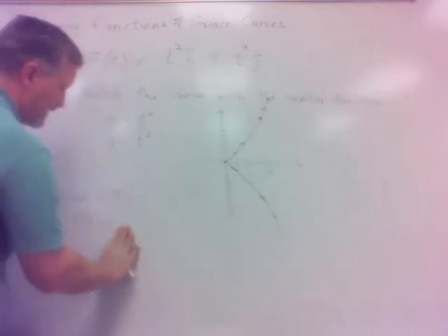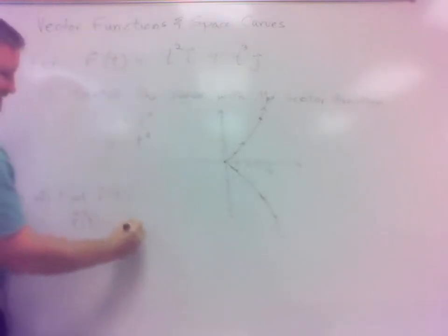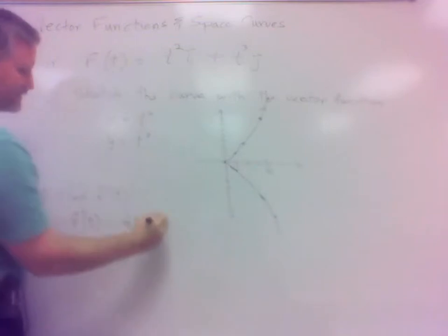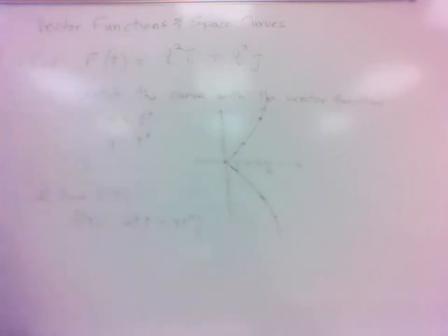Well, if we keep it in the i, j format, just the derivative: 2t i, 3t squared j. Really pretty simple.